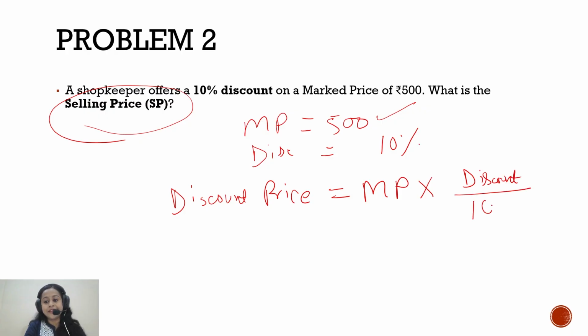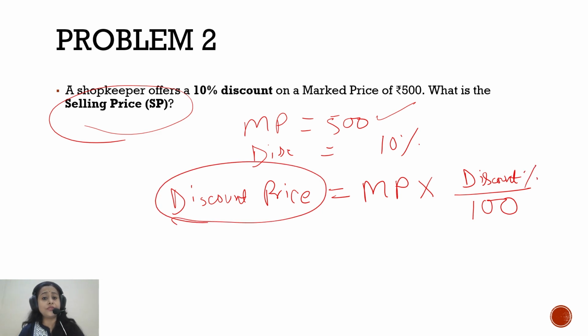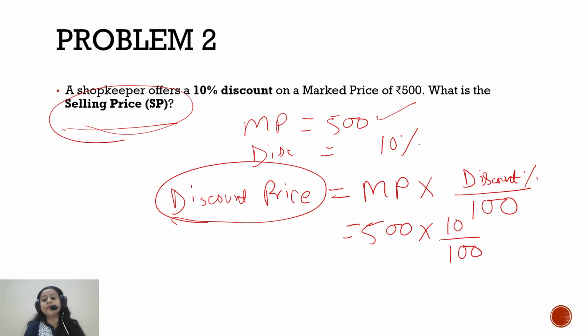So first we have to find the discounted price, then only can we calculate the selling price. Here the marked price is 500, discount percent is 10, so 10 by 100. The 0 will cancel out, and how much discount is given? It's 50. So the discounted price is 50.